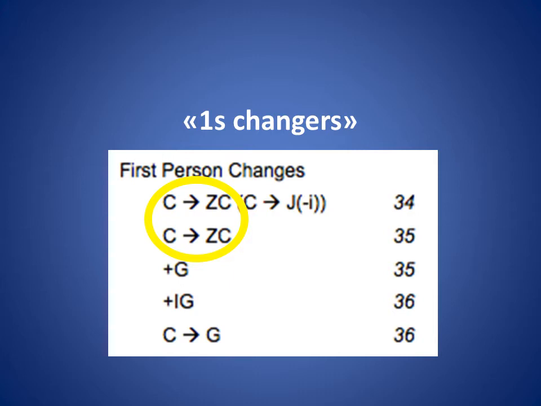Well, this is going to have a totally different pattern, so don't be confused by the similar notation. When you see consonants on either side of an arrow like this, we're dealing with a first person changer, and that is not going to have the boot shape at all. These are not stem changes. They're absolutely not. This is a separate category of irregularities.